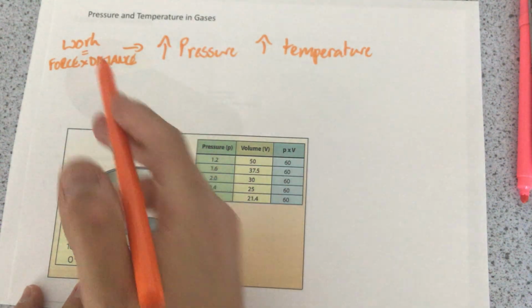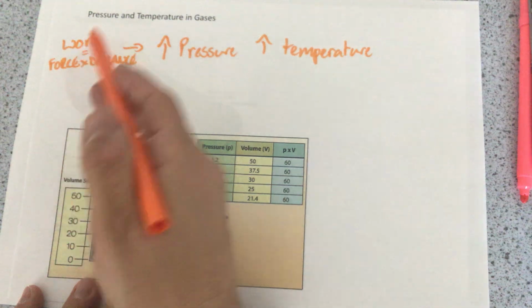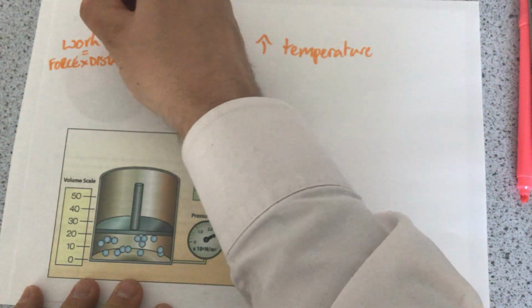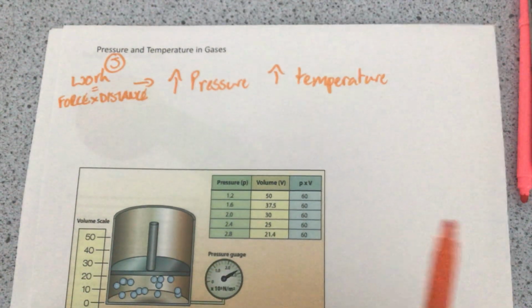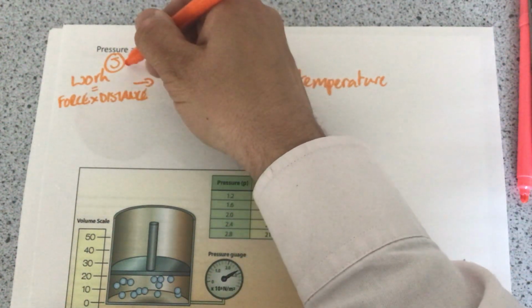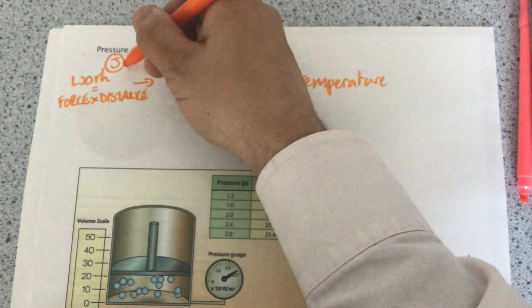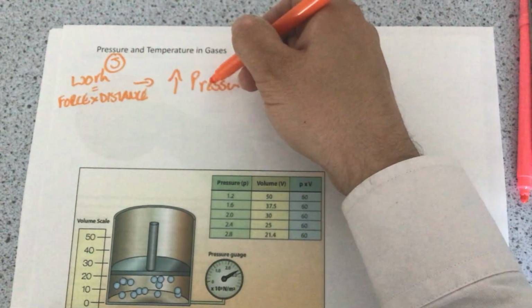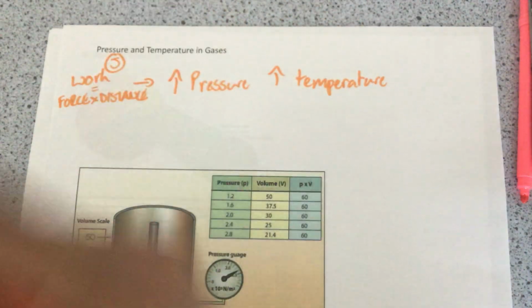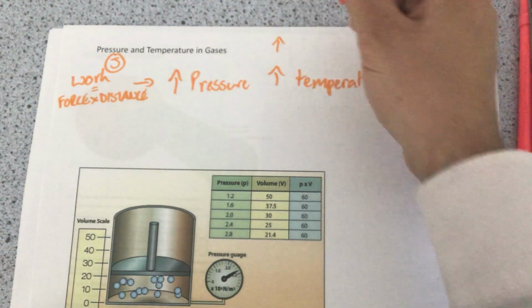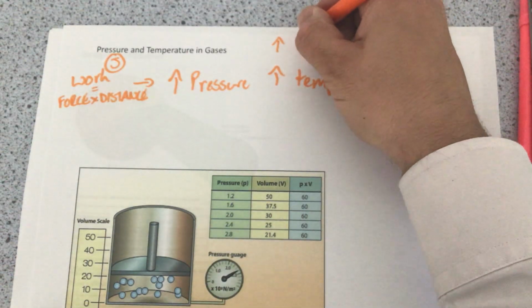So when we do work, we use energy, and we measure that in joules. So doing work increases the pressure, and that increases the temperature, because when we do work, we effectively increase the amount of energy that this object has.